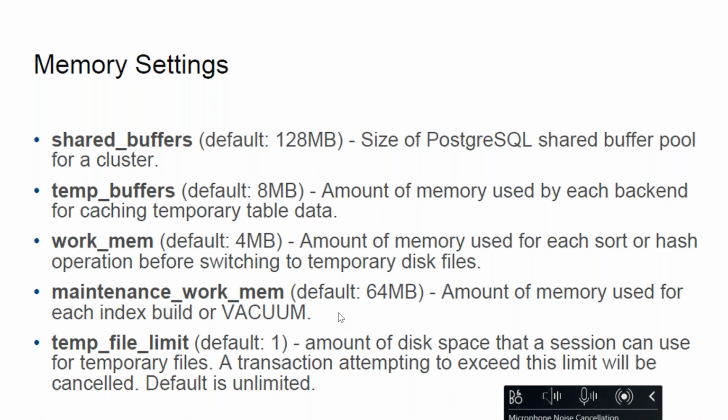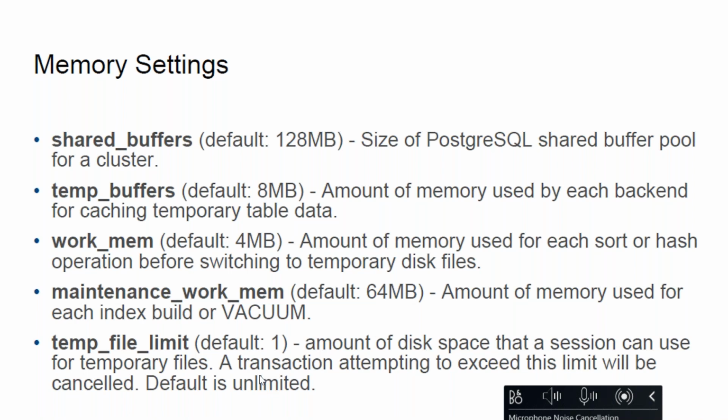There are 100 sessions, so 40 into 100, 4000 MB would be given easily, whether they are using it or not. Shared buffers you can increase. Better to increase work memory at the session level. If somebody is really using it, then maybe increase it, but don't go ahead and increase it at the cluster level. Similarly for temporary buffers, don't increase them at the cluster level. If you want, you can increase them at a particular user level, or better, at the session level.